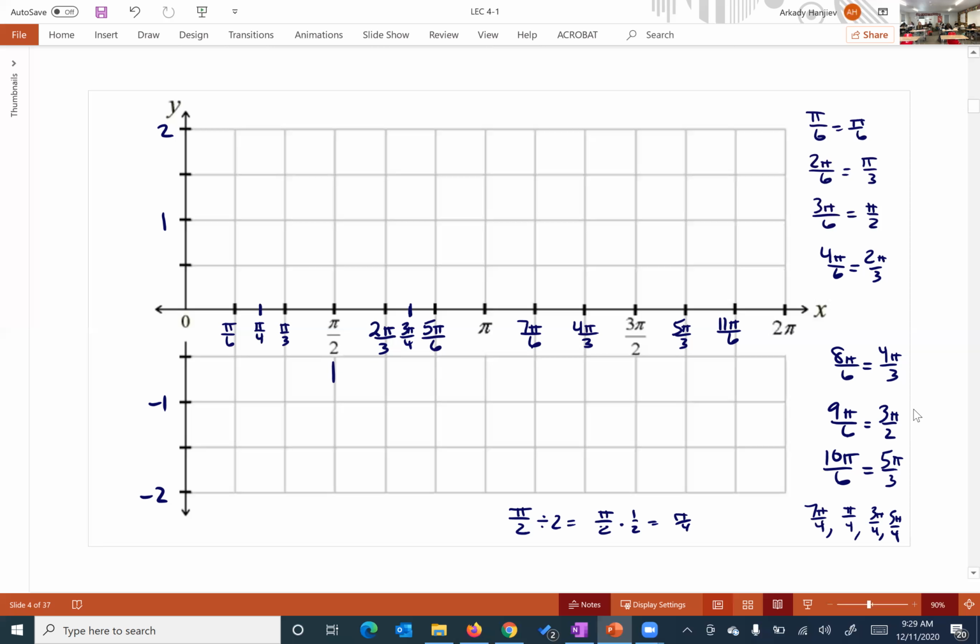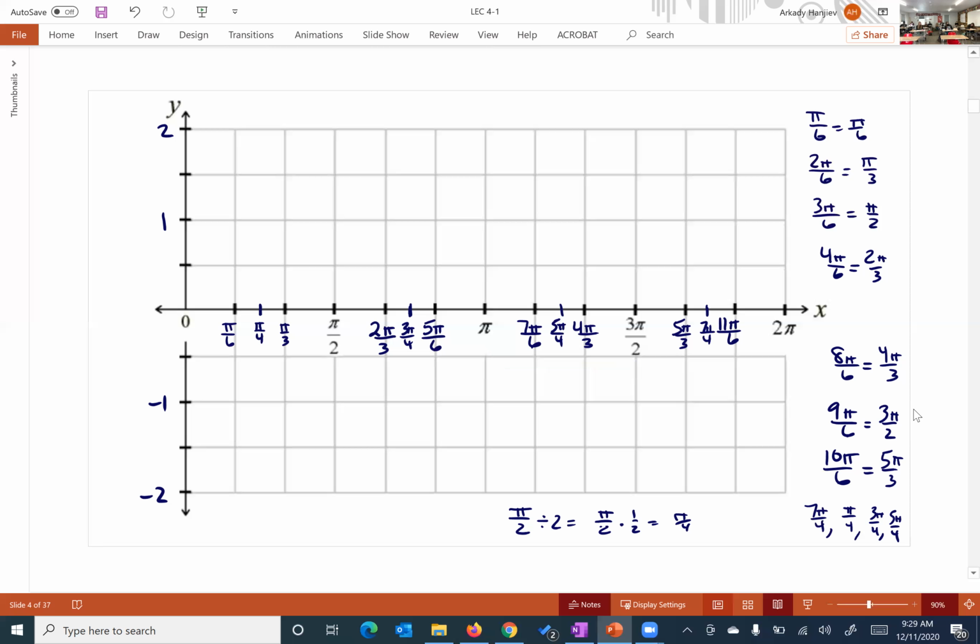Got that one now. The halfway point between pi and 3 pi over 2, right here, that's going to be our next one, the 5 pi over 4. And then the halfway point from 3 pi over 2 to 2 pi, that's going to be our 7 pi over 4. That's cool.